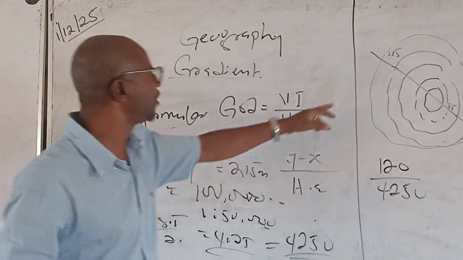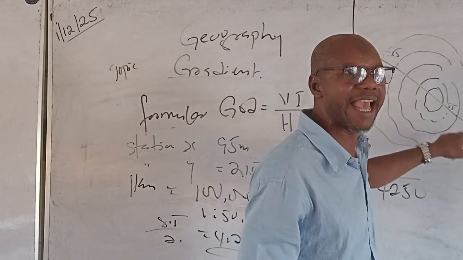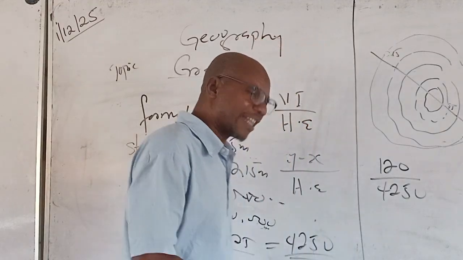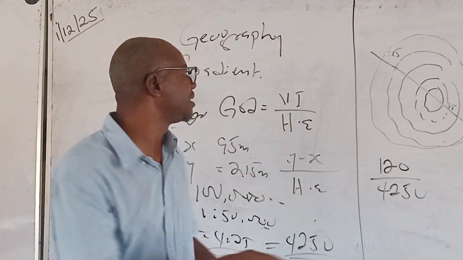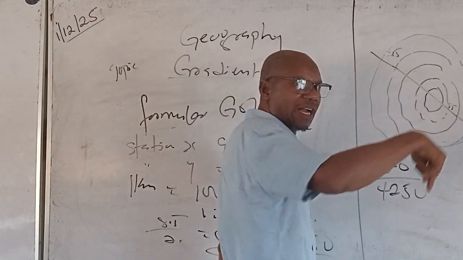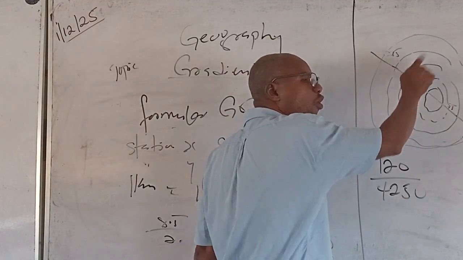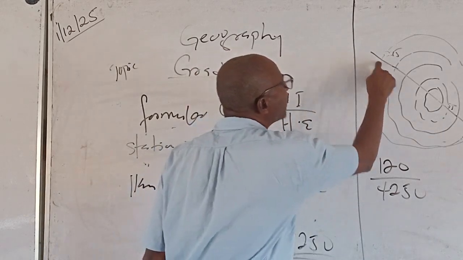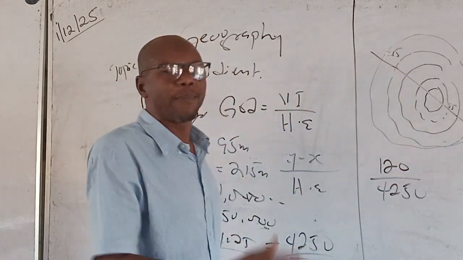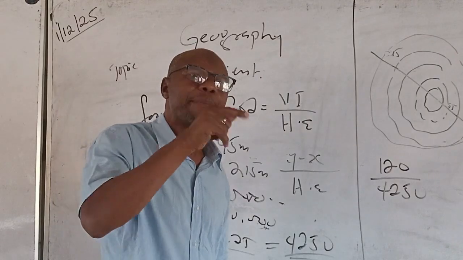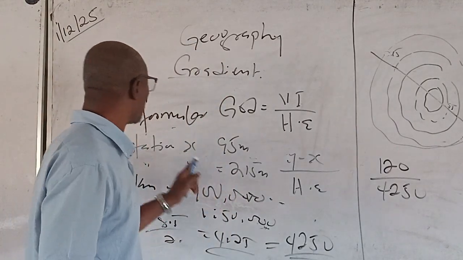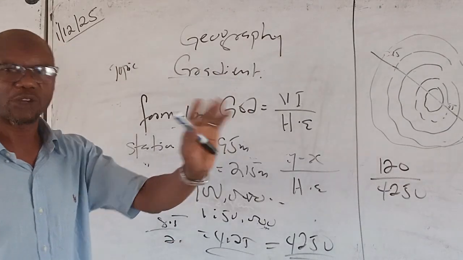The distance between them in the diagram is 8.5 centimeters. The mountain on the paper is called the contour line. On the ground, multiply by 100,000, because 1 kilometer is equal to 100,000 centimeters.